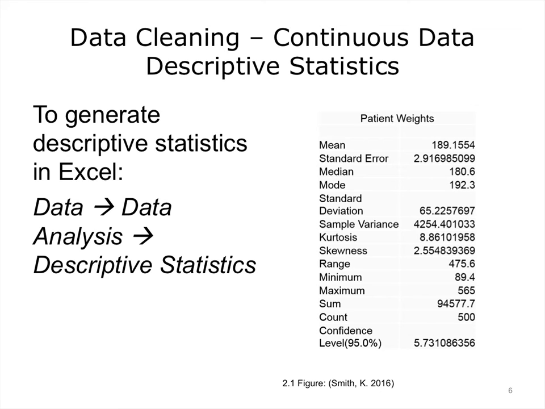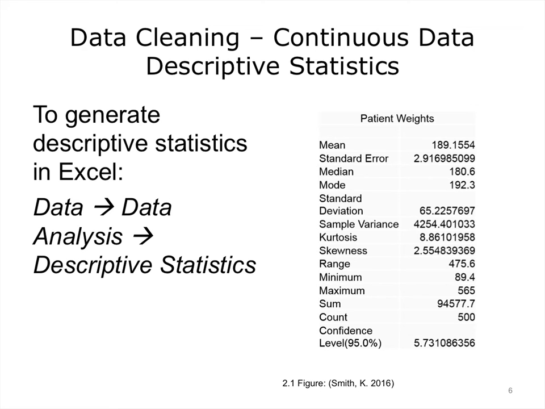Now let's take a look at descriptive statistics, which give a basic overview of the data, including the mean or average, the median or the midpoint, and the mode, the most frequently occurring value, the smallest and largest values, and the total number of records. Running descriptive statistics is an excellent way to quickly check if the values are reasonable.